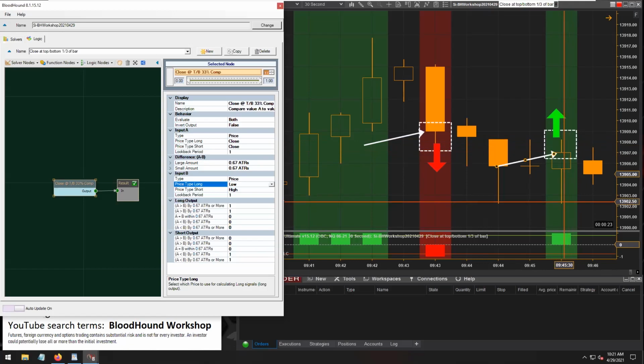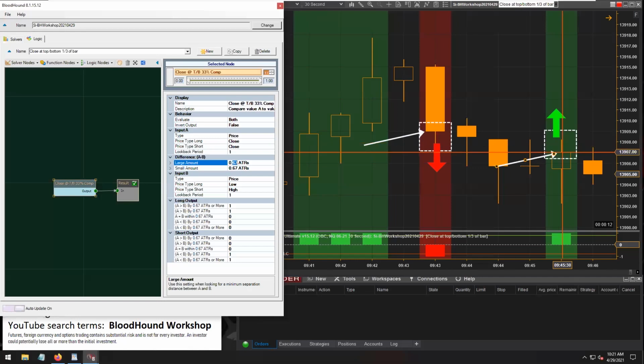But we have to compare it to the low of the bar, and then our distance is going to be the opposite amount of what we want to find. So if we want to find the close within the top third, since we're measuring from the bottom, we need to compare the close to the 2/3, the opposite of that 1/3 amount.